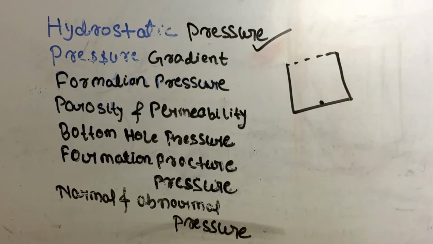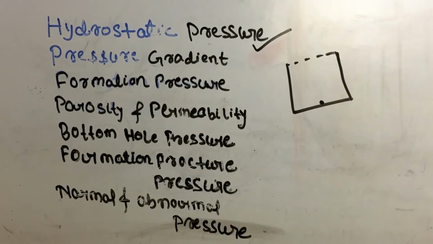I have already shared the formula with you. Pressure gradient, also known as fluid gradient, is the hydrostatic pressure exerted by one vertical foot of a fluid.